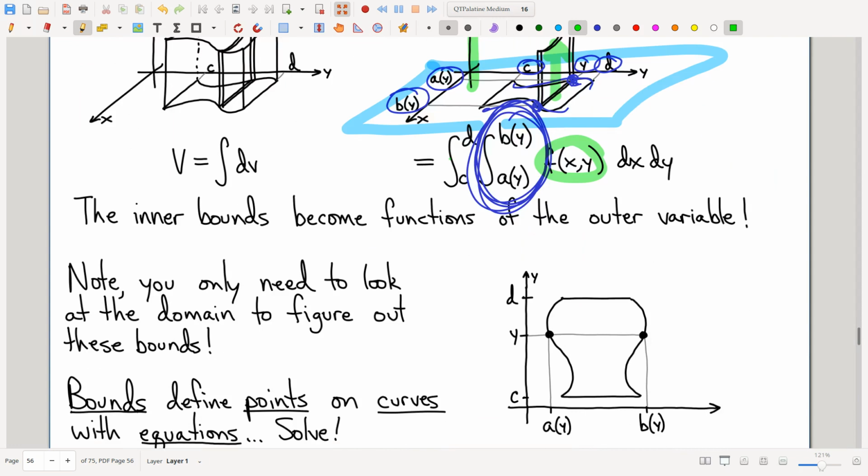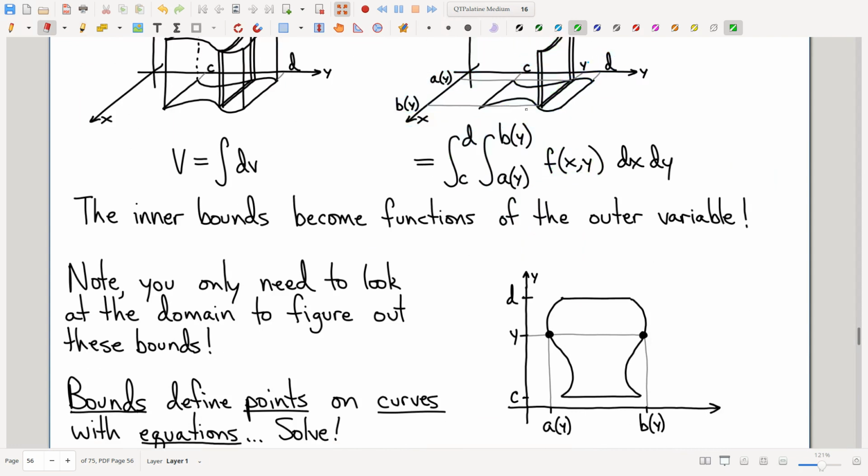Notice I've kind of redrawn all of this here, and this domain, I don't have to see it as it sits inside of the xy plane in space. I can just say, well, there it is in the xy plane.